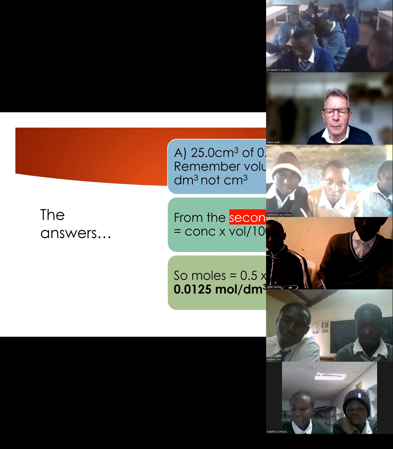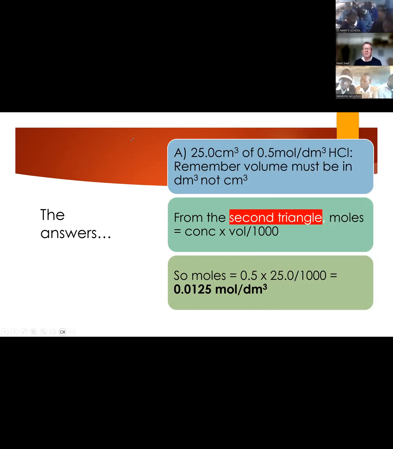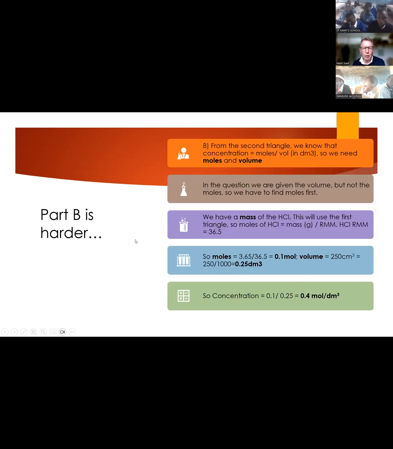Okay, so the first one for A, 250 of 0.5, concentration times volume over 1,000, 0.5 times 25 over 1,000 comes out as 0.0125. The second one is a bit more complicated. Because we need the moles, we have a mass of HCl, so we have to use the first triangle first to find the moles.